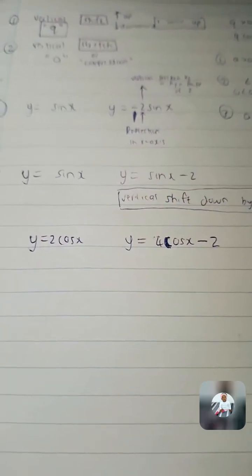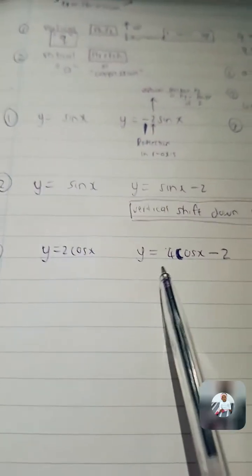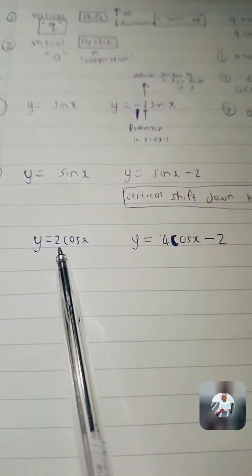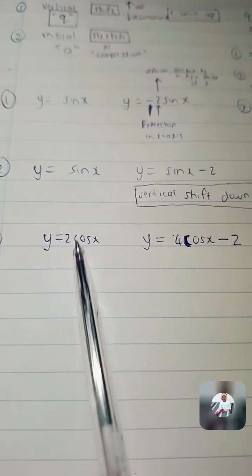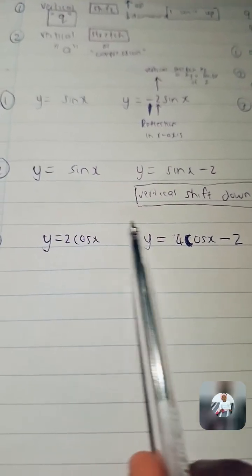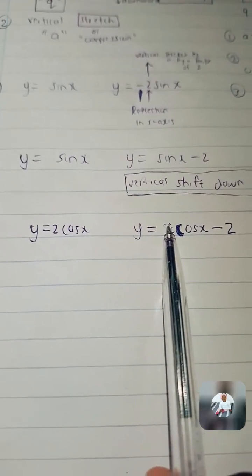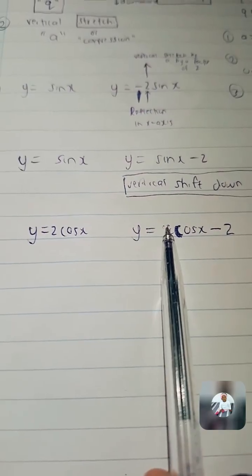Okay, all right. I see what you said there, but I want you to note something here. You see, this was 2. Yes. But this 2 increased and became 4. Oh, okay. I get where you go.